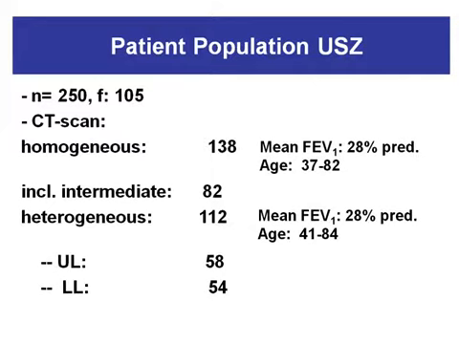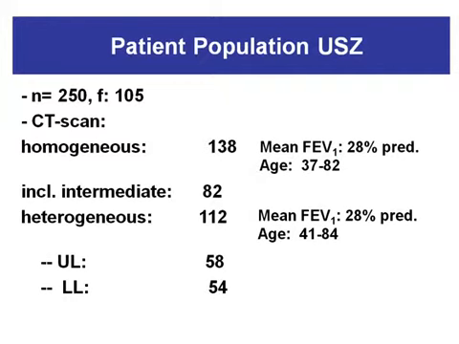So I want to show you now the patients we have studied in Zurich, 250 patients in the years until about 2 years ago. In the CT scan, 138 had homogeneous disease, either completely homogeneous or an intermediate type, and 112 had heterogeneous emphysema.